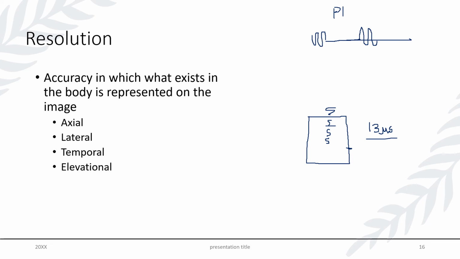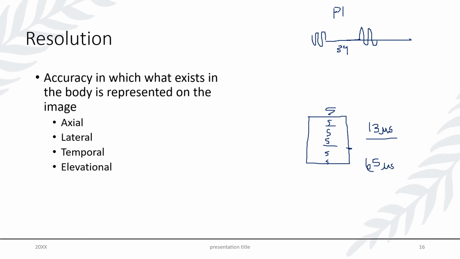If I want my sound to go 3 centimeters before I send out my new pulse to get a new image, I would have to allow a listening time of 39 microseconds to allow it to travel those 3 centimeters and back. So if I wanted it to go 5 centimeters, I would have to give it more time to get 5 centimeters and back. In fact, I would have to allow 65 microseconds to go 5 centimeters and back.